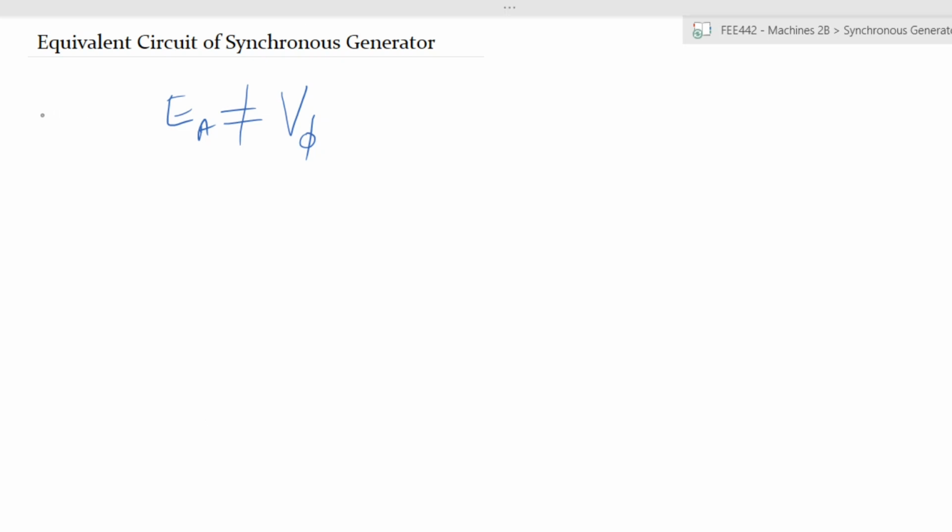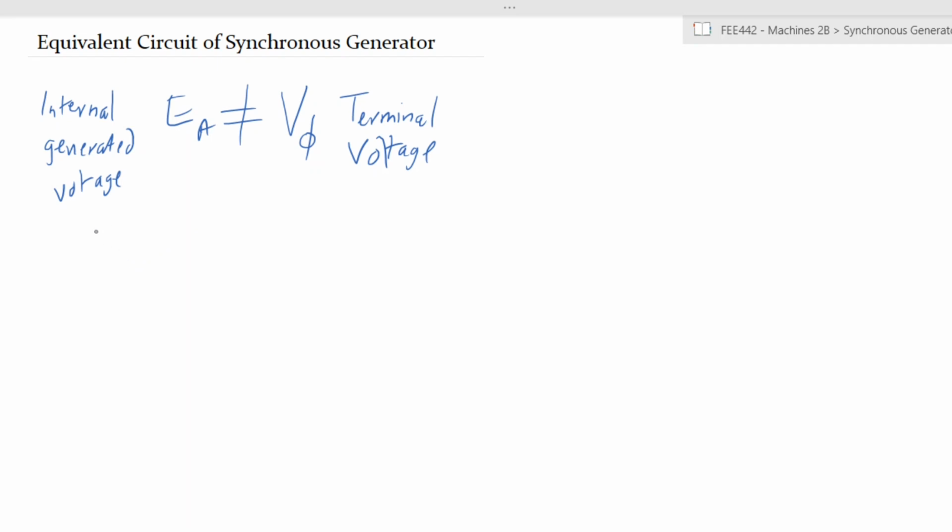So your internal voltage will never be equal to your terminal voltage. Internal generated voltage is what the windings in the armature are seeing; terminal voltage is what your potential load and output is seeing. So why is this the case?